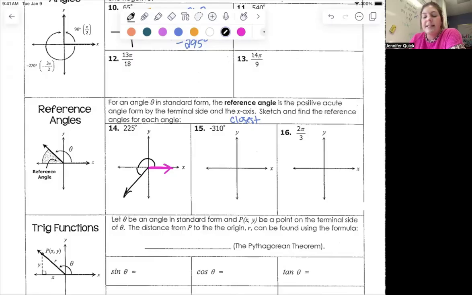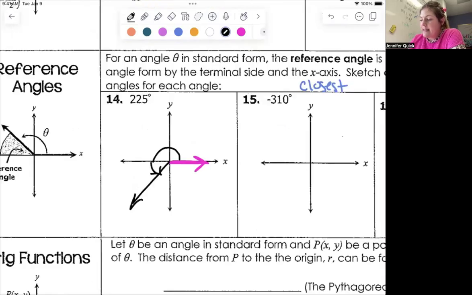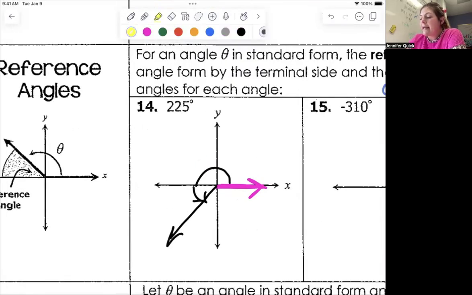Okay, so this is going to be my positive 225 degrees.